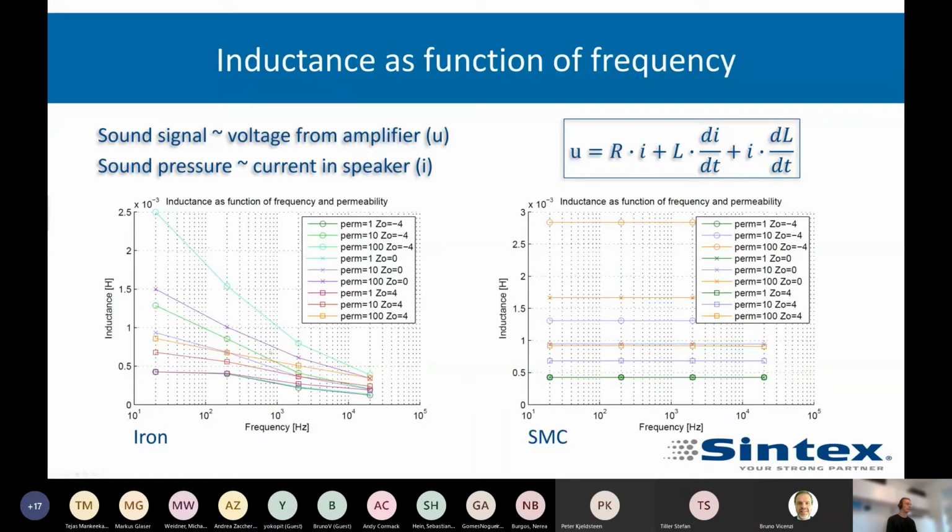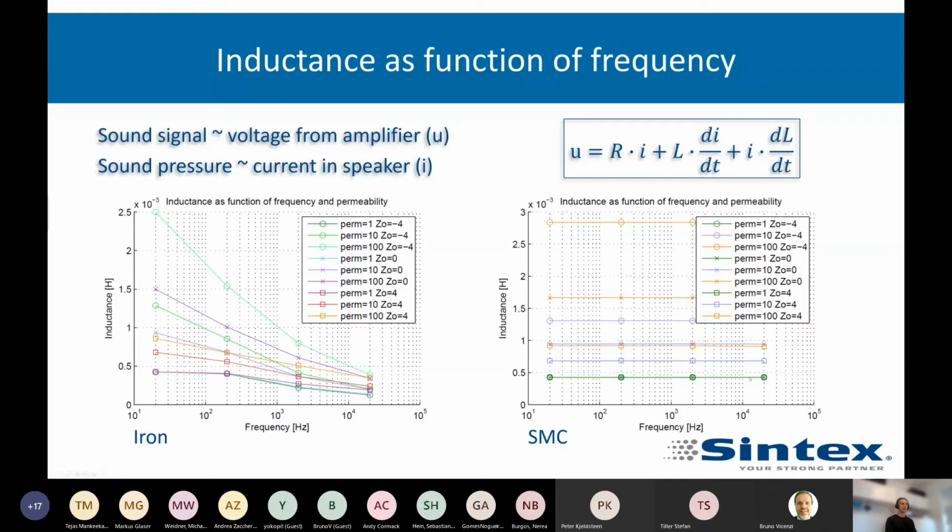If you look at the iron case here, you can see that the inductance is changing as a function of frequency. And if you think about nice music, it actually plays with many different frequencies at a time. So the inductance is changing all the time.